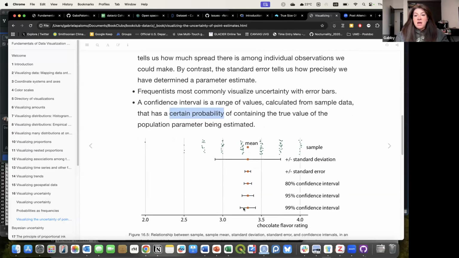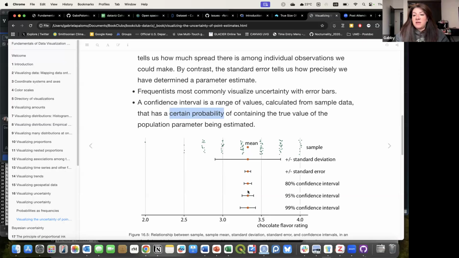So if we're using this 99% confidence interval as our way to measure uncertainty, that means that if we repeat the same experiment, if we draw these samples 100 times from our population, then 99 times out of 100, our population mean is going to be within these values.